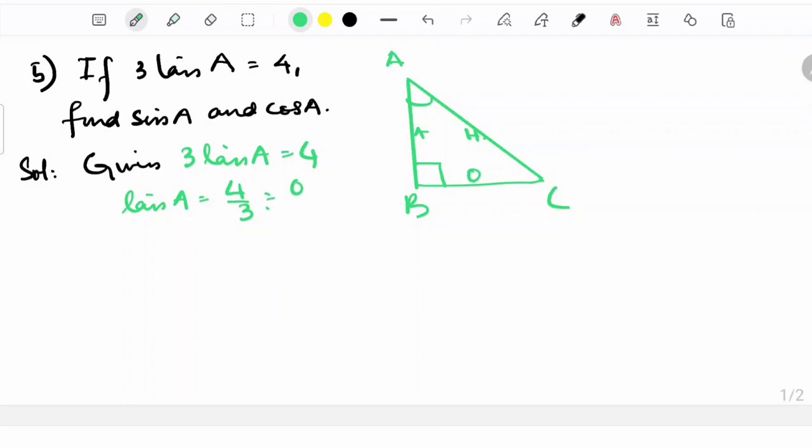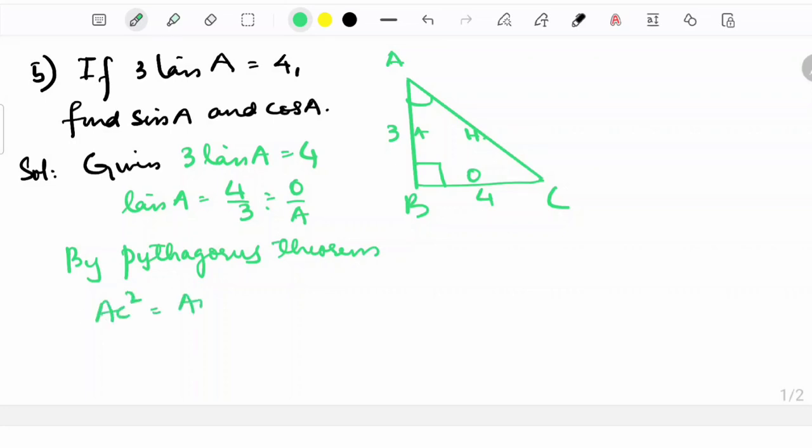Tan is opposite over adjacent, so this will be 4 and this will be 3. So by Pythagoras theorem, I can say hypotenuse square is equal to the sum of the squares of the other two sides.